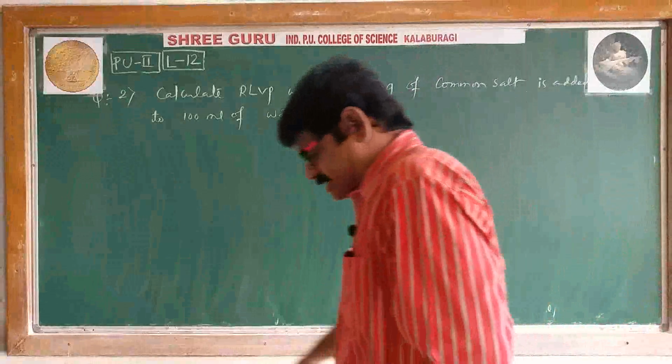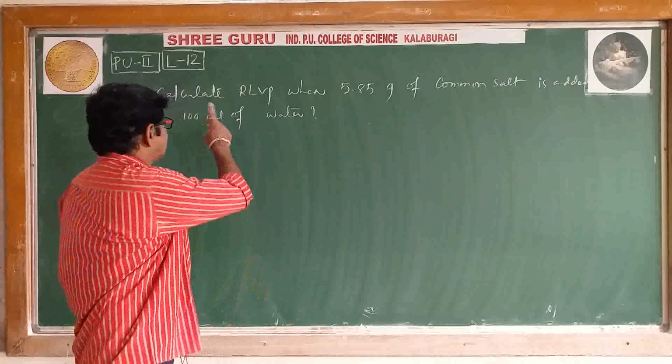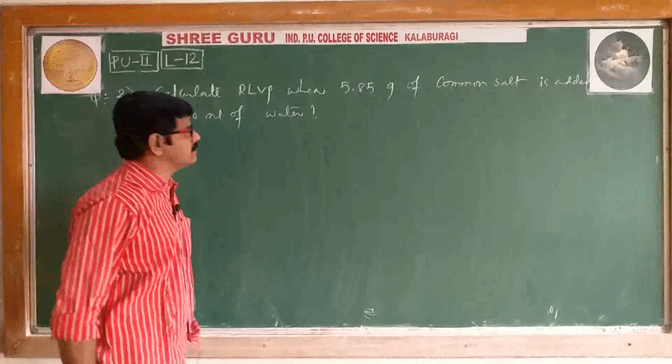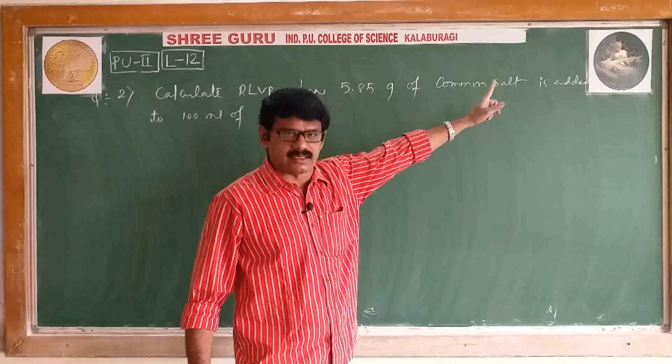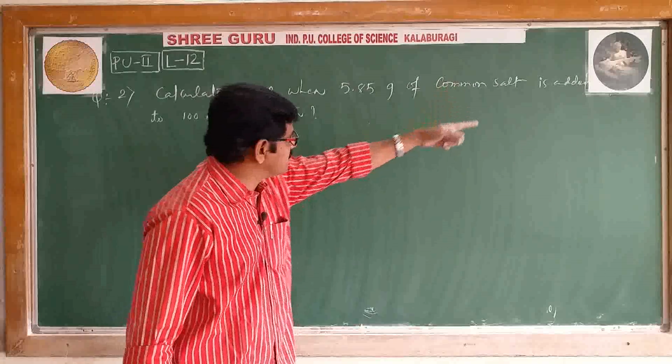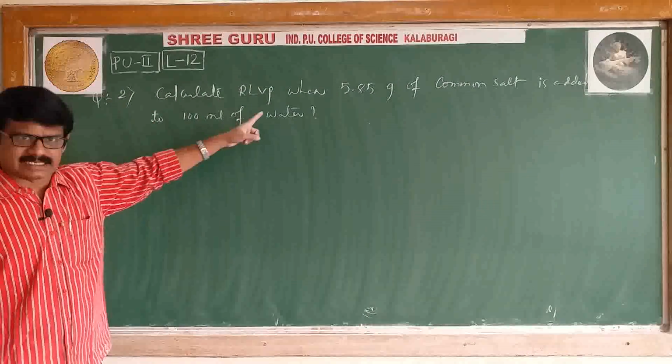Next question is like this. Calculate the relative lowering of vapor pressure when 5.85 grams of common salt, nothing but sodium chloride, is added to 100 milliliters of water.